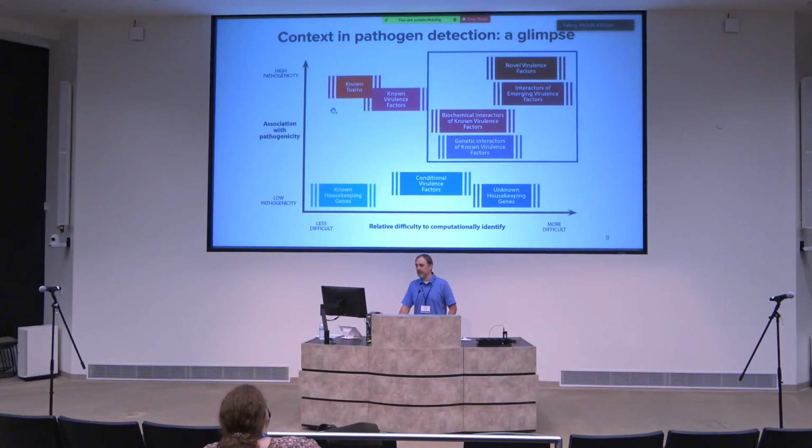So on the y-axis, if you go up, known toxins that are found in certain pathogens like Clostridium botulinum and Bacillus anthracis, et cetera, are very harmful. So we know if we see them, they're going to be harmful. We need to detect them. But then there are other things in the middle here that are more in the middle ground. Well, it depends. It depends on the context. We need to find them.